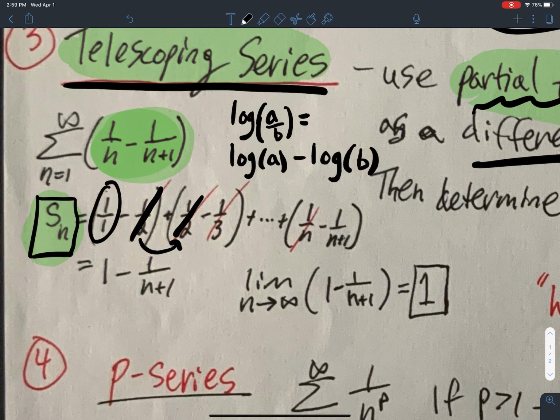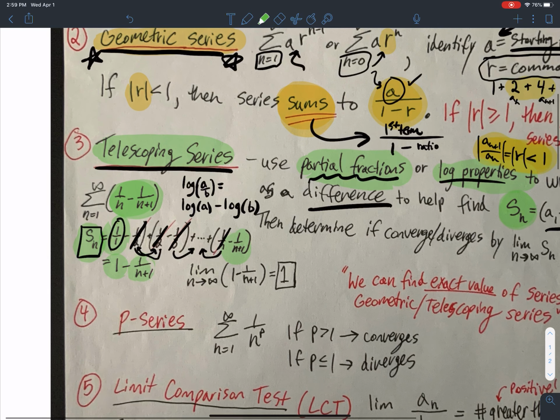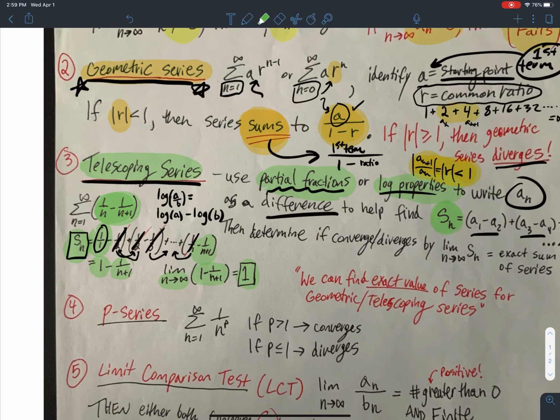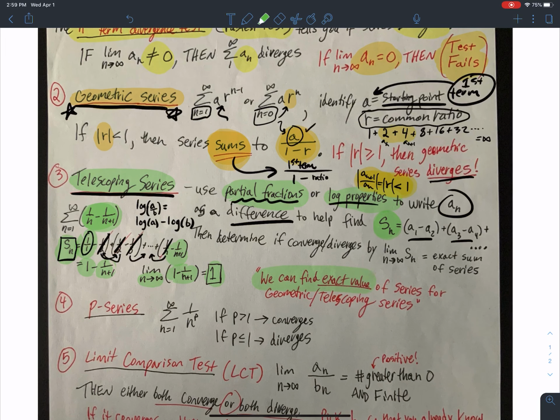And so the first term gets killed by something in its past, and the second term gets killed by something in the future, and then all you're left with are two values. You add those two together, and then you take the limit as n goes to infinity, and you get what it actually sums to. So we can find the exact value of a series for the geometric and the telescoping.